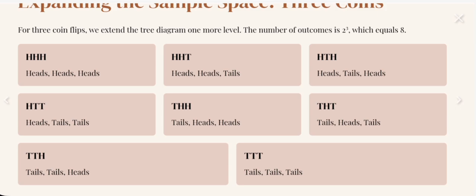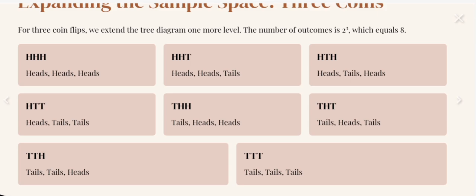The third possibility is heads, tails, heads. So that's HTH. The fourth is heads, tails, tails. So HTT. And then repeating this process, we see that the next one is going to be THH. And then THT, TTH, and the last one is going to be TTT.